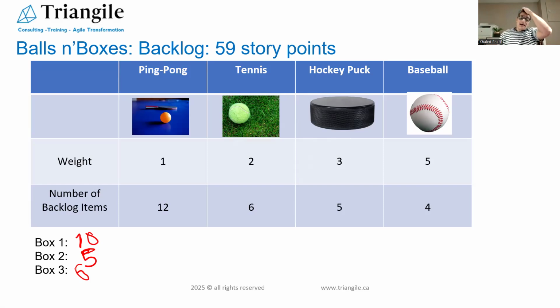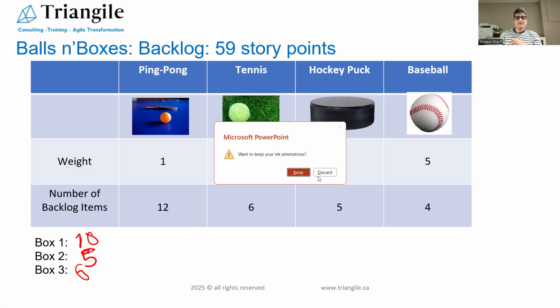Now I have filled three boxes, and in each one I managed to fill certain amounts. So if I now start by looking at the average, my average performance over a sample of three boxes, let's just see here.